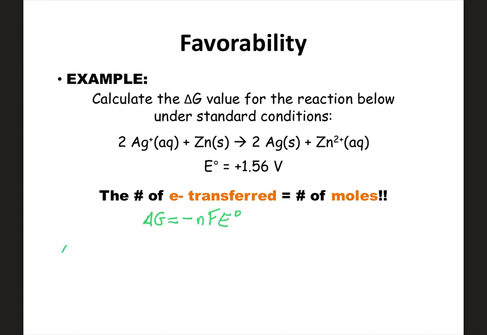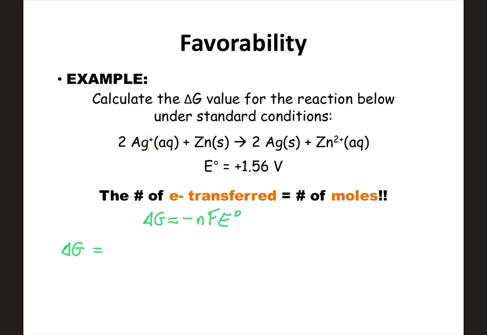If we're solving for delta G, N is the number of electrons transferred in the balanced reaction. That's going to be your N, your number of moles. Well, realize here that your silver has a 1 plus charge, but the zinc was 2 plus. So if the electrons were to cancel, the only way they would cancel is if you had 2 electrons for each, because the zinc is going to have 2 electrons involved with it.